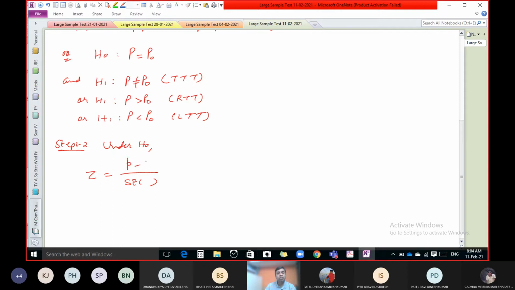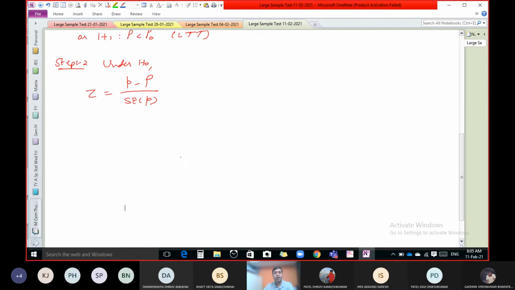So small p minus capital P upon the standard error of small p, where small p is the sample proportion. The formula for that is m upon n. Small n is the sample size. M is the number of persons having that particular characteristic in that sample. Capital P is the population proportion.